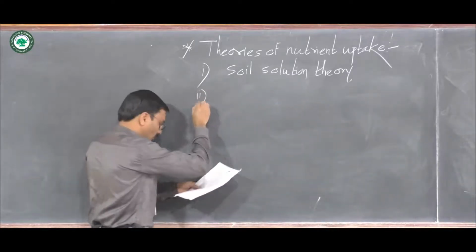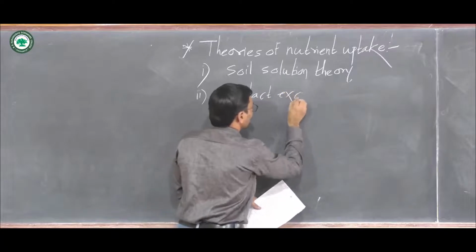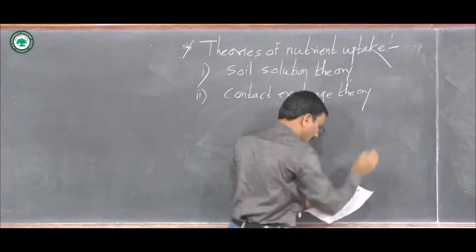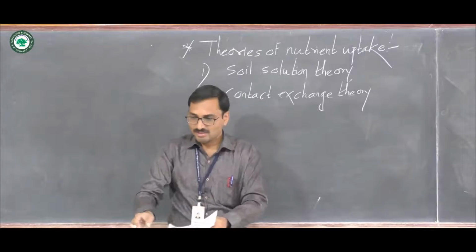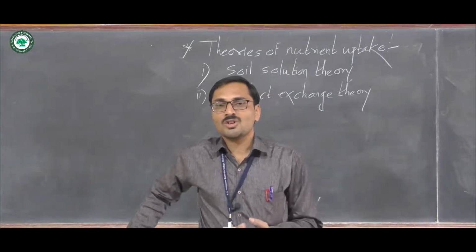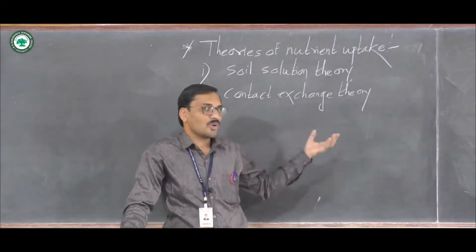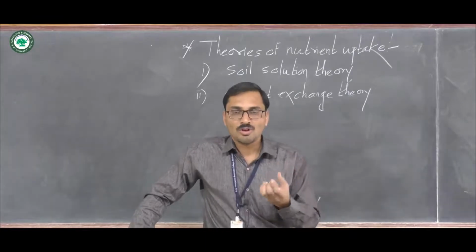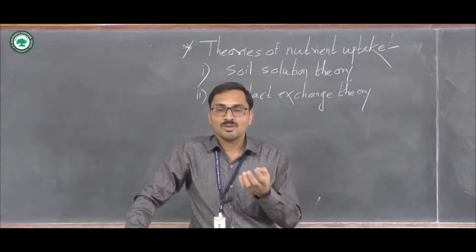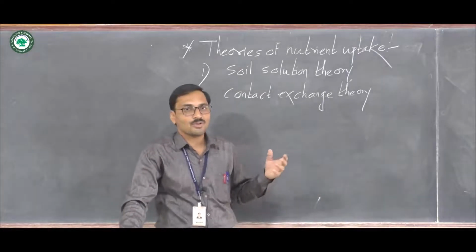The second theory is contact exchange theory. In the soil there is presence of root, and there is presence of colloidal particles, or we can say clay. If that colloidal particle and the roots of the plant come in contact with each other, then the adsorbed ions on the root and clay get exchanged, and these exchanged ions can be absorbed by the plant.